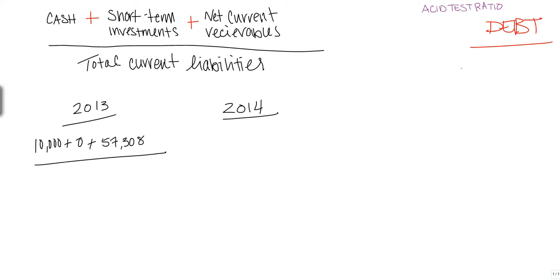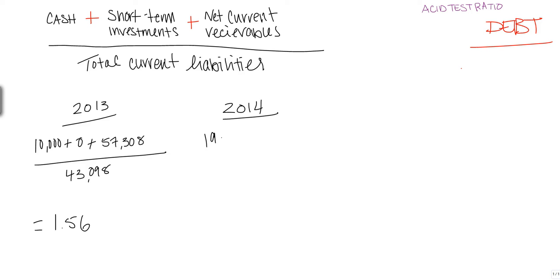Then we divided that by our liabilities, which we calculated out to be $43,098. I did the math on this, which you can go ahead, pause, and do for yourself, but I found it to be a ratio of 1.56.